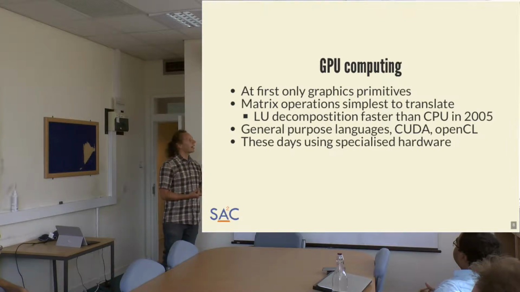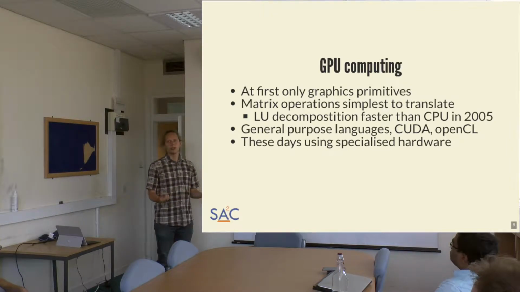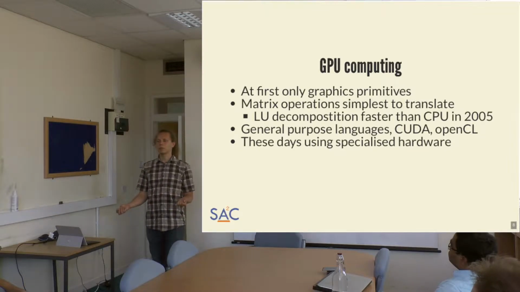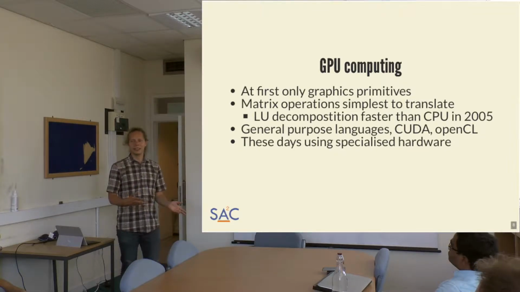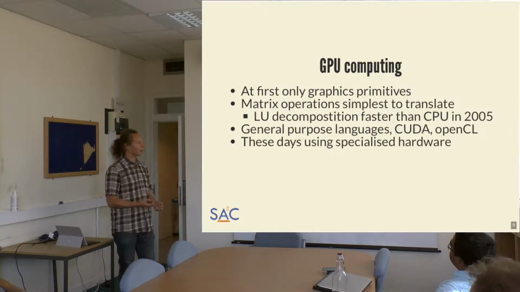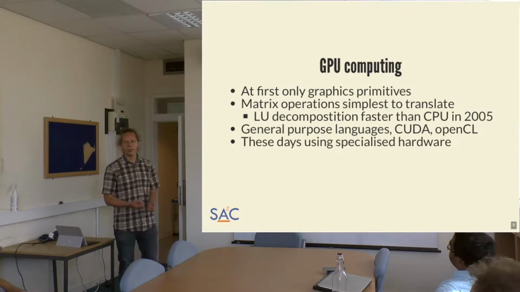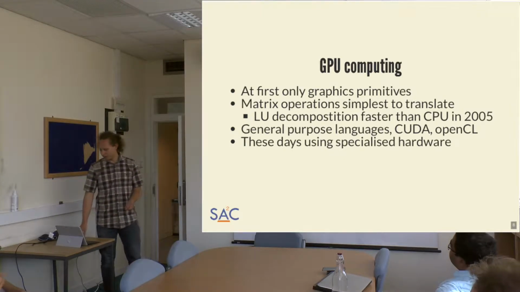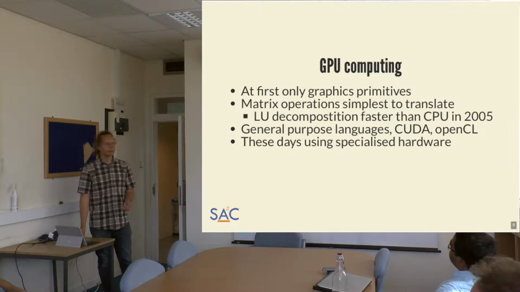So the first thing, the matrix operations, are relatively straightforward, because essentially these 3D graphics transformations are matrix operations. So they're relatively straightforward to translate this way. So the first thing that actually ran faster than on a CPU was an LU decomposition program, large matrix.